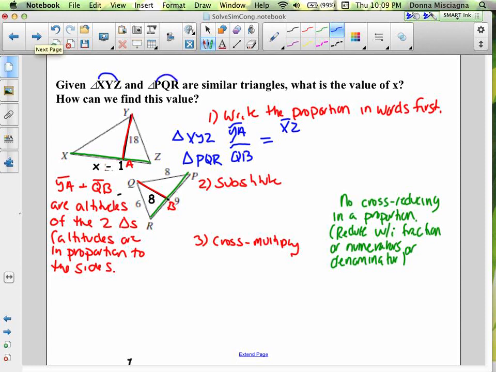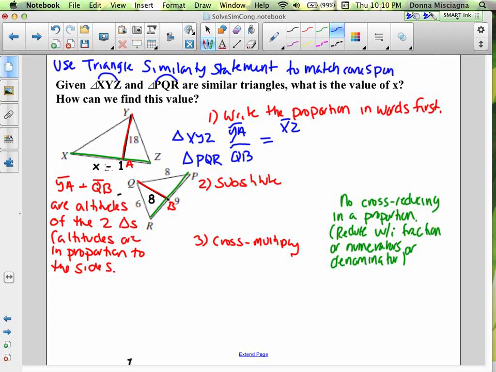Use the triangle similarity statement to match corresponding sides. All right, so let's finish our proportion there. XZ corresponds with PR.